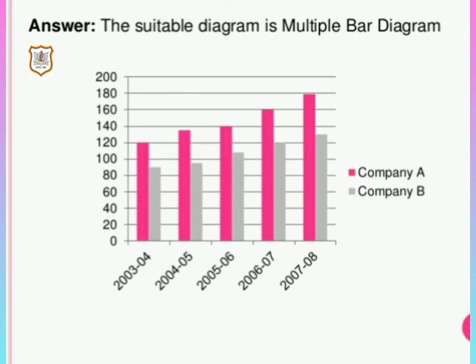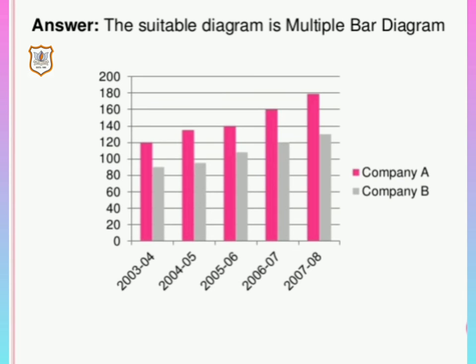In the financial year 2005-06, company A is having profit of 140 and company B is having profit of 108. So with the pink color, it is drawn perfectly to 140, and in the grey color, it is drawn a little above 100. That represents 108.